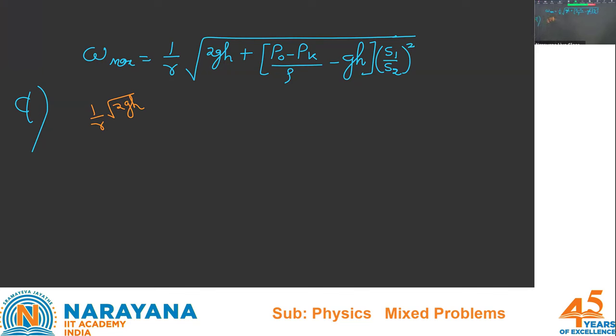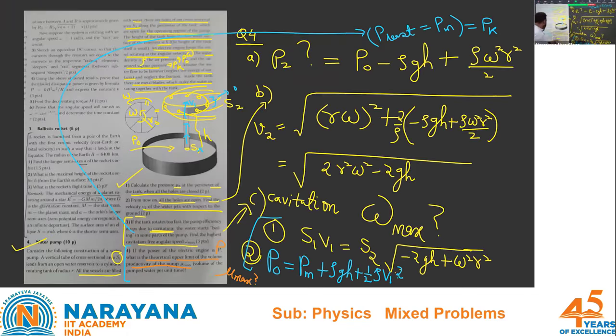So root 2GH by R, from the cavitation-free process, I knew that this is the max I can have. But this value also depends upon different configurations. I am trying to find out the highest efficiency for the system. The question is clear: if the power of the engine is P, what is the theoretical upper limit?